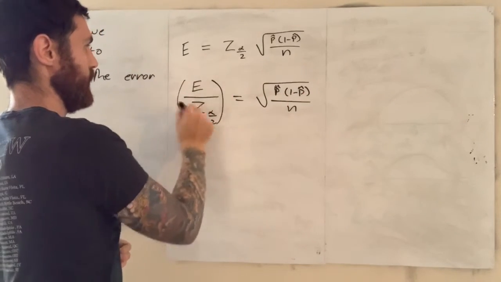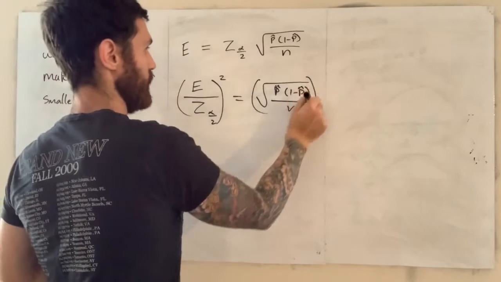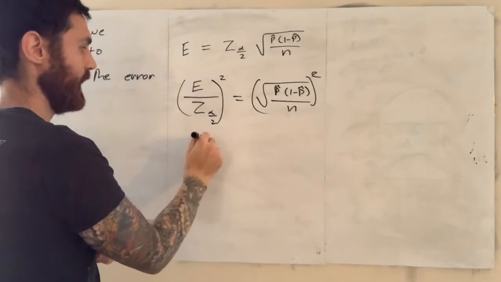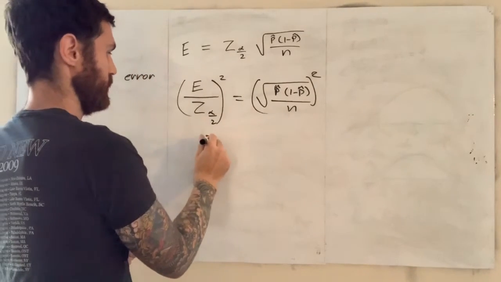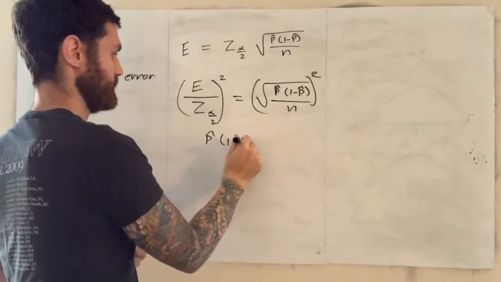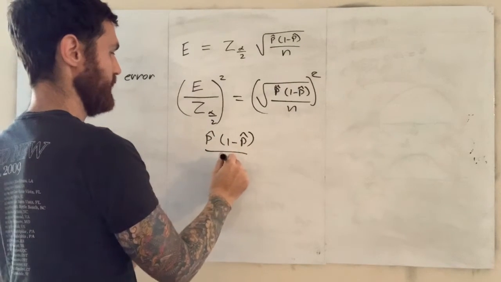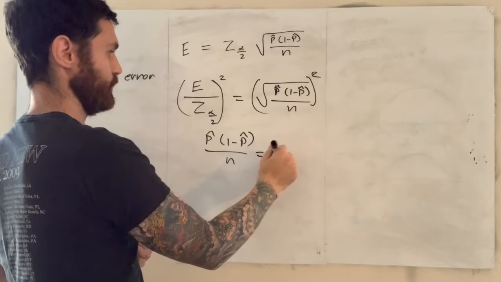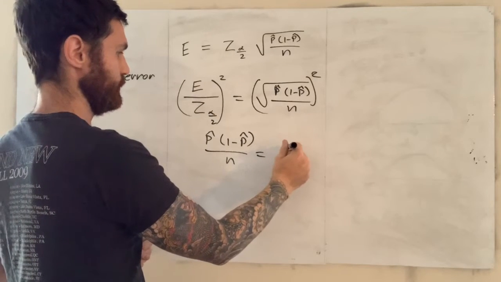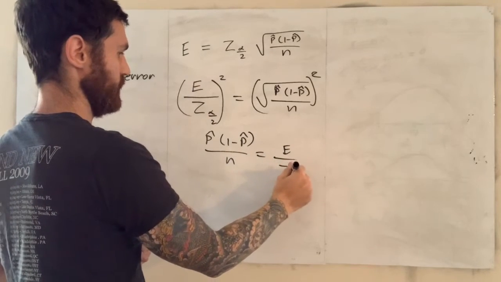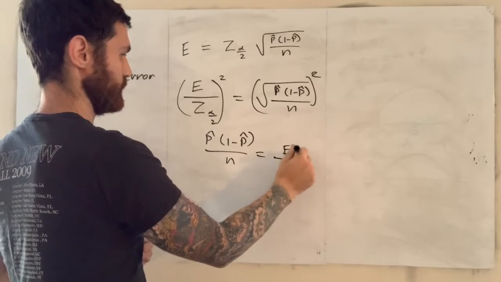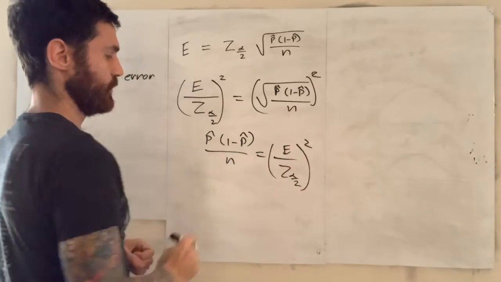And then we square both sides, and we're going to get p hat times 1 minus p hat over n is going to be equal to e over z alpha over 2, squared.